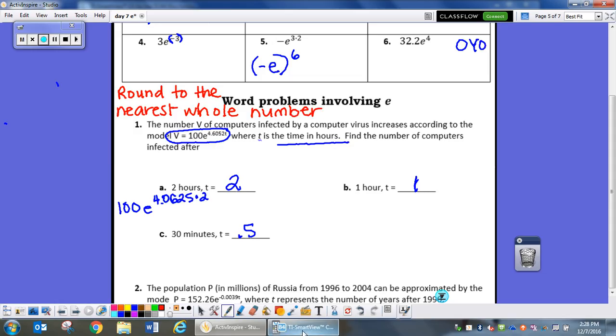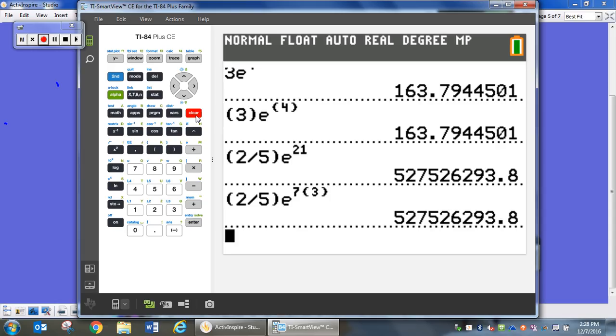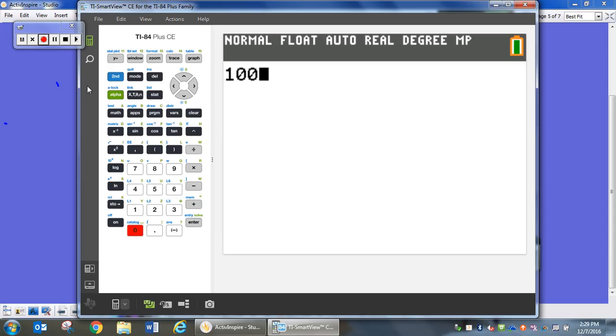So if you were to substitute this in on your calculator, I'm going to clear all this. 100 times e to the, here's where I would use parentheses, 4.6025. Oh, did I key that in wrong?